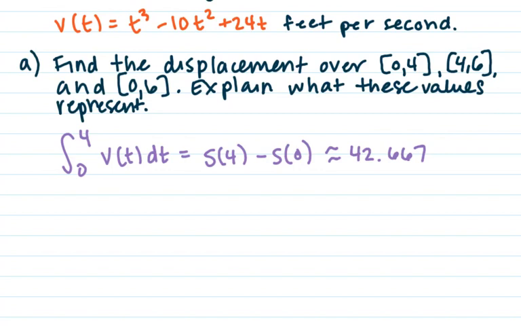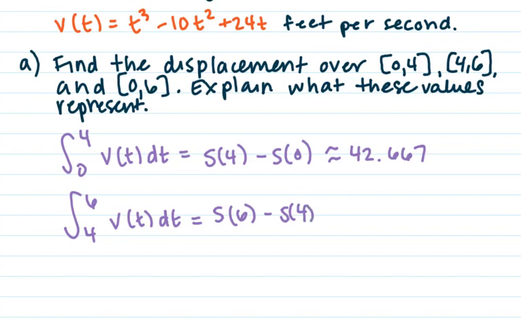Okay. And then the next one they asked about was 4 to 6 specifically. Still the same function, just different interval. So the position at 6 minus the position at 4. And this one is also approximate, and it's negative 6.6 repeating.